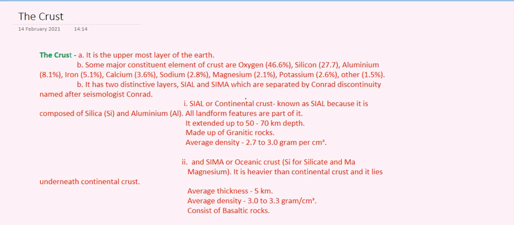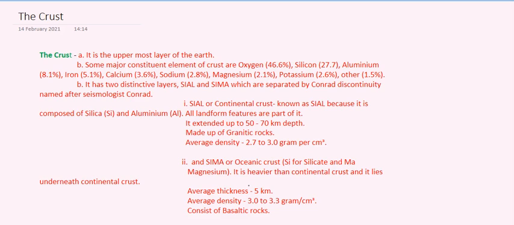Sial, or continental crust, is known as Sial because it is composed of silica and aluminium. All landform features are part of it. It extends up to 50 to 70 kilometers of depth, is made up of granitic rocks, and the average density of this layer is 2.7 to 3.0 gram per cubic centimeter.